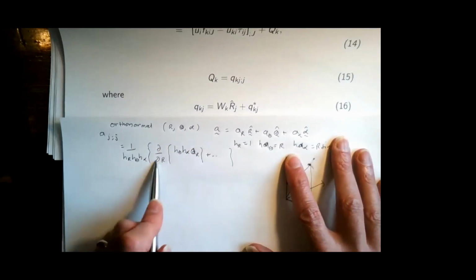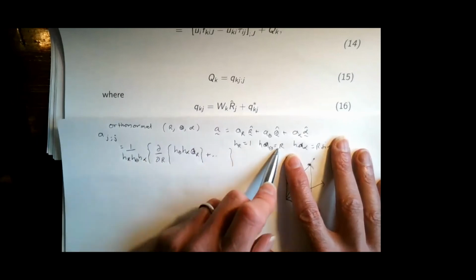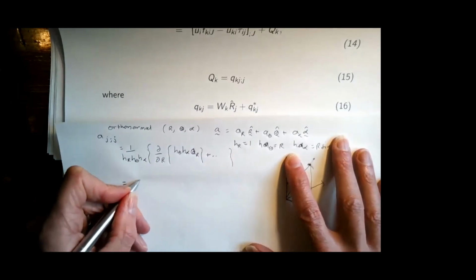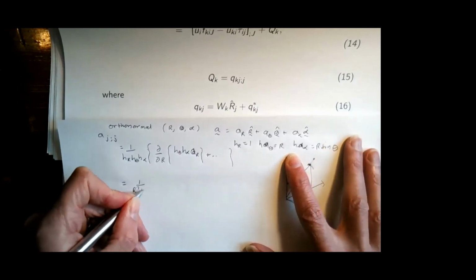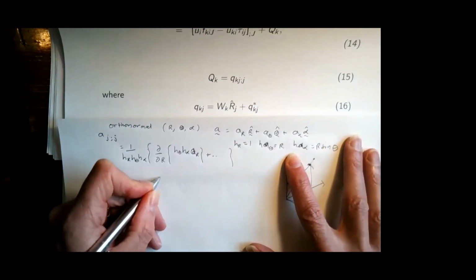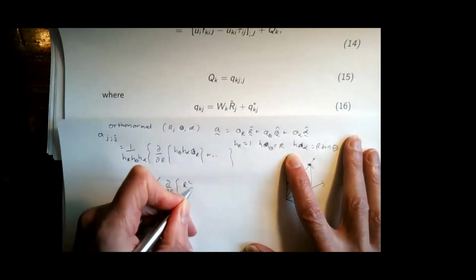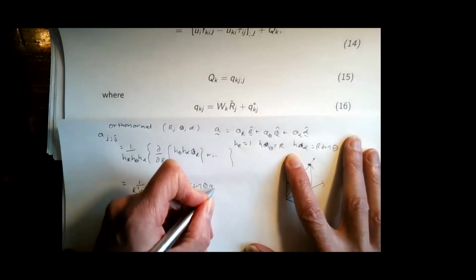And putting in for HR, H theta and H alpha, that becomes 1 over R squared sine theta d by dr of R squared sine theta AR.